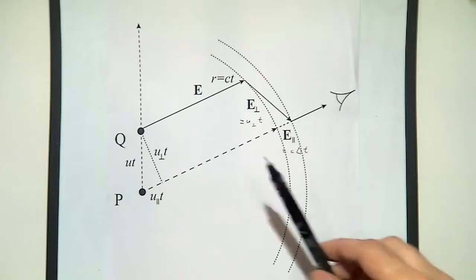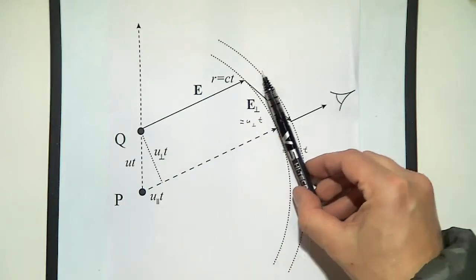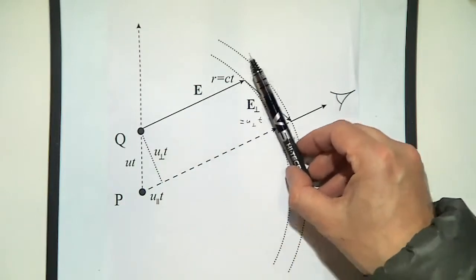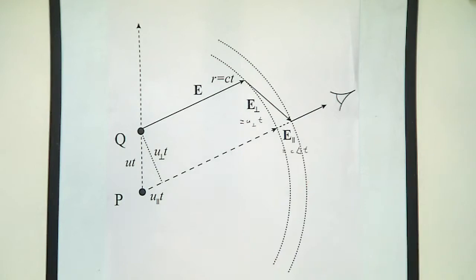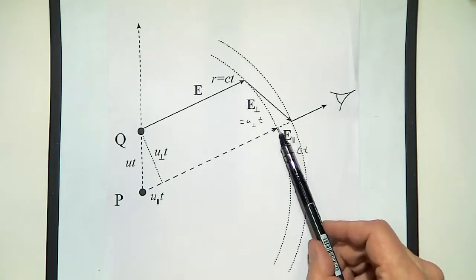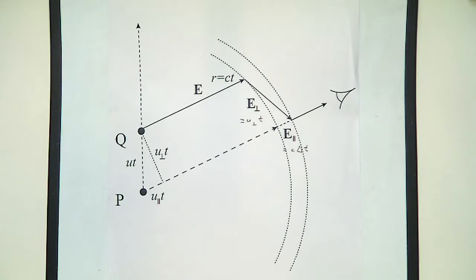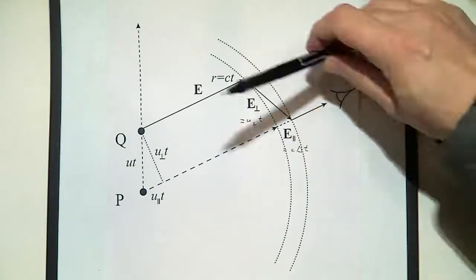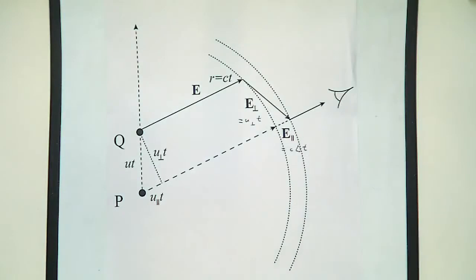And what you see is as this radiative wave at this boundary moves outwards at the speed of light, this parallel component remains the same magnitude, whereas the perpendicular component grows linearly with time. Okay?